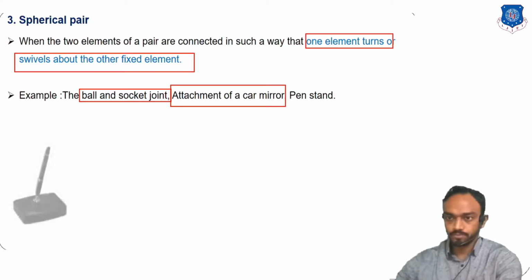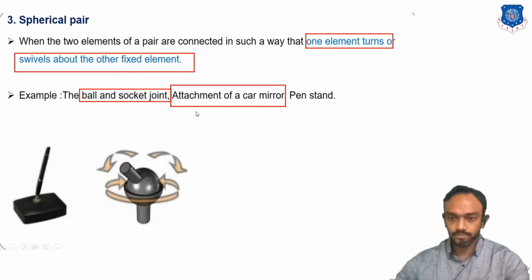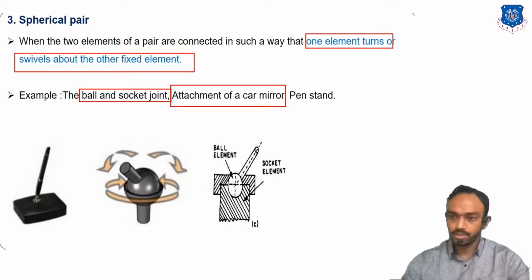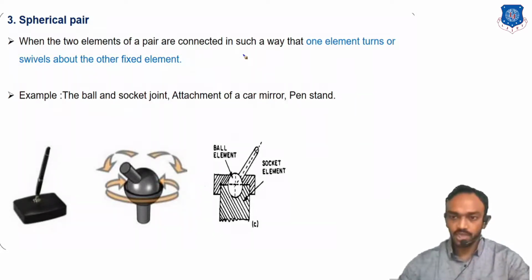Also a pen stand, or a gaming joystick, which you can turn with respect to the base, with one sphere swiveling in the other. And third is a ball socket joint. So these are examples of the spherical pair. Let's go to the next type.